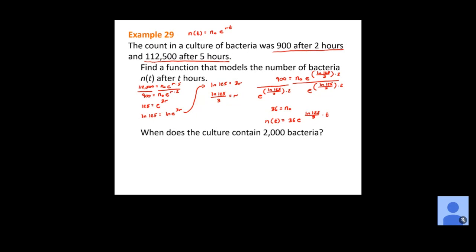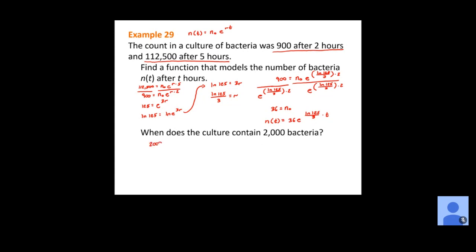Okay. Now, when does the culture contain 2,000 bacteria? How are we going to find that? Good. Set that function that we just found equal to 2,000, solve for t.